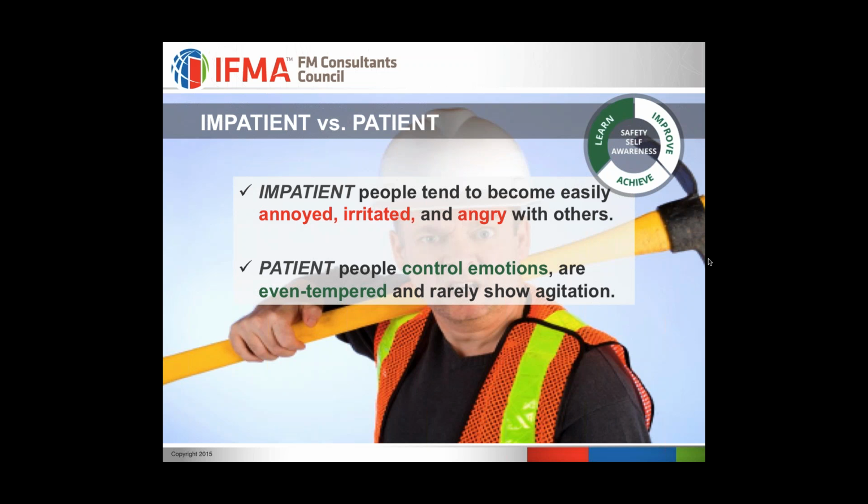The impatient person looks at the patient person and thinks, you just don't care. Whereas often they do. They just don't play it. They don't have to, there's not drama all the time. And the patient person is often looking at that impatient person as a hothead and a cowboy and thinking, what's wrong? Why can't he just chill out?